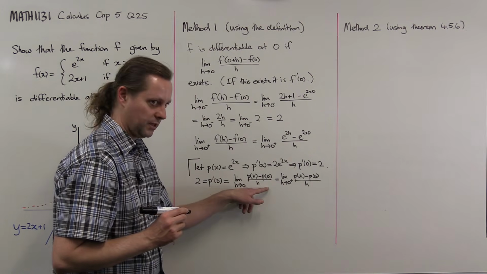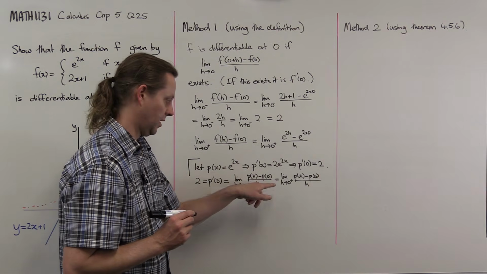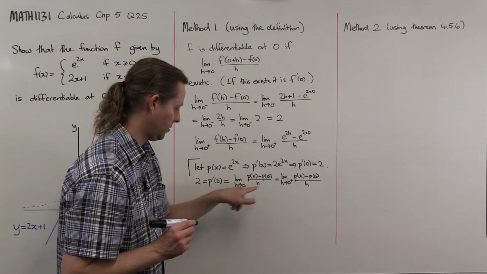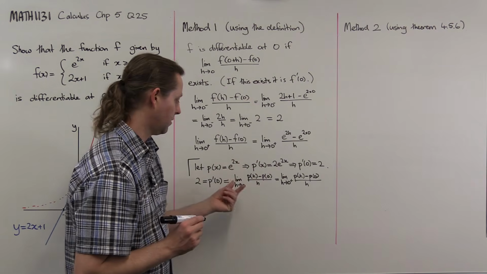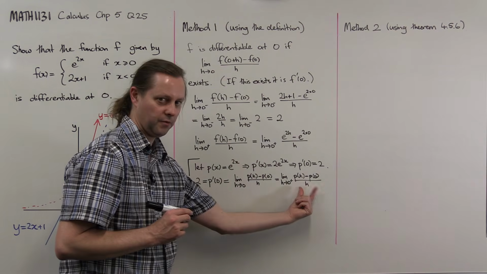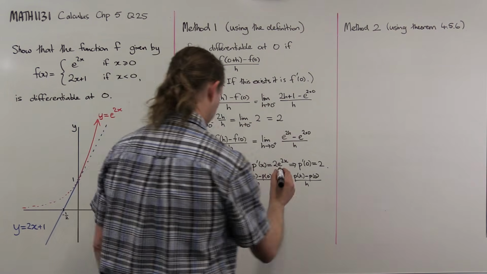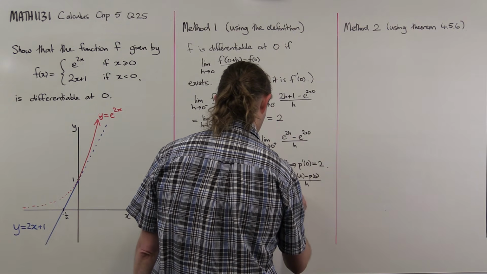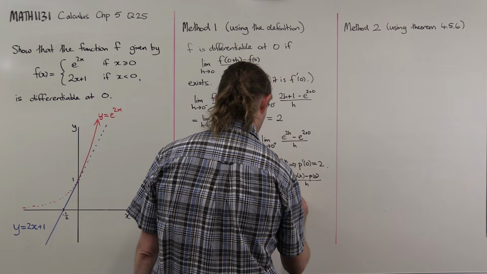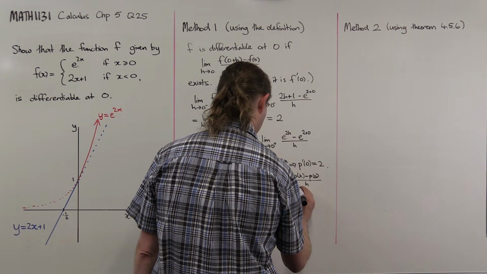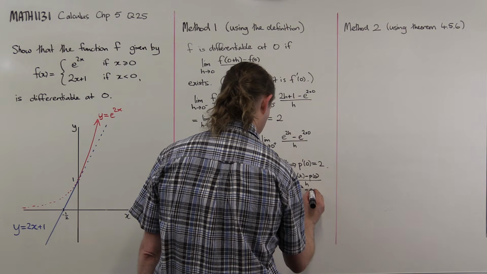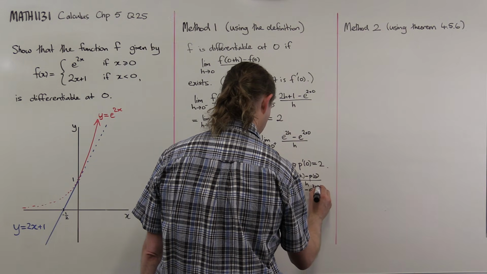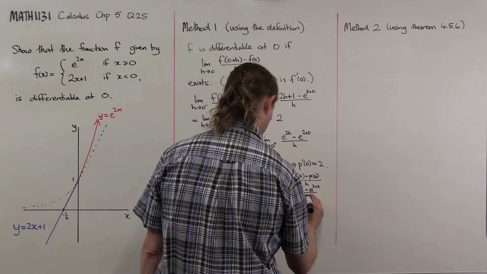We know that this limit exists, so it's got to be equal to its right-hand limit. So all I've done from here to here is just put a little plus on the 0. So if this limit exists, it must be equal to the limit from the right as well. And this limit from the right here is equal to the limit as h tends to 0 from above of e to the 2h minus e to the 2 times 0 over h.